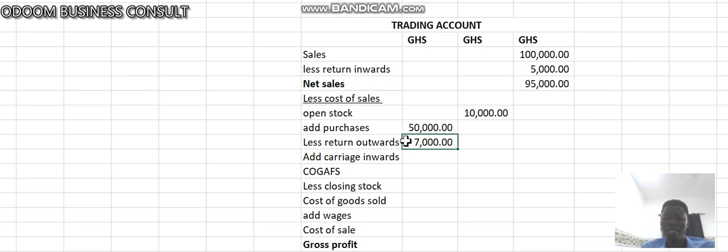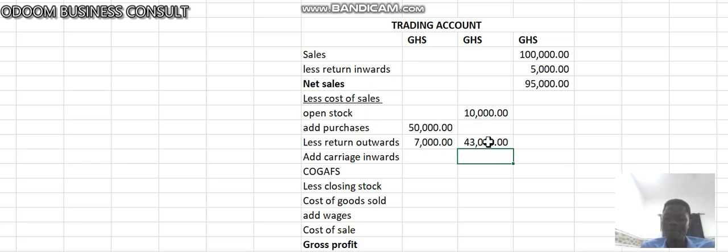So you can name that one on a separate column, or you can just bring it here, because we are adjusting the purchases to be added to the opening stock. So the difference between this and this, we will bring it right under the opening stock to continue the account. So the purchase was 50,000, then we returned 7,000, 43,000.